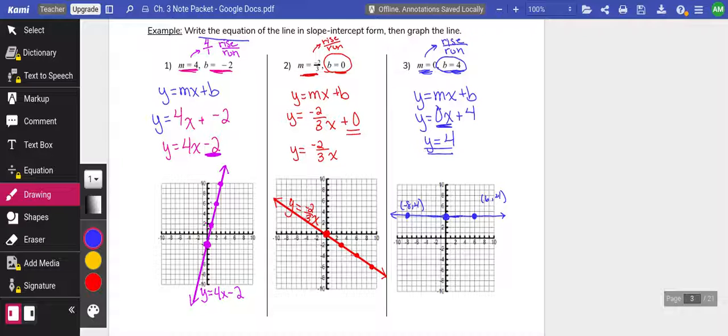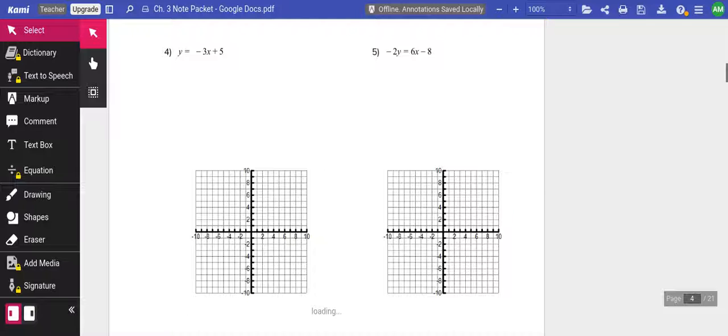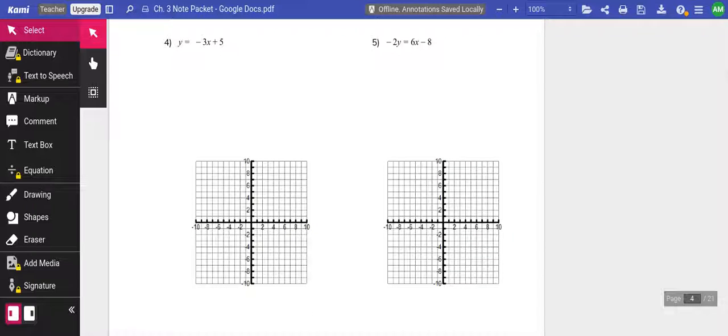Another way to draw your line is to put all of these equations into your graphing calculator into y equals and hitting second graph to look at your table. As we go down, I'm going to try that for number 4.